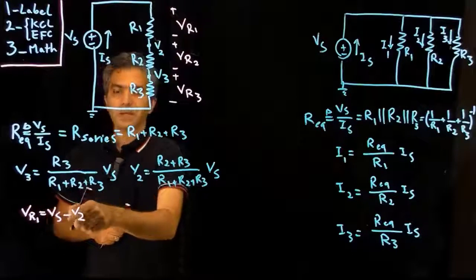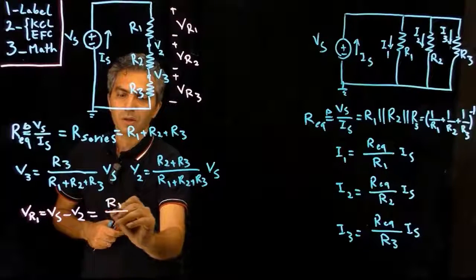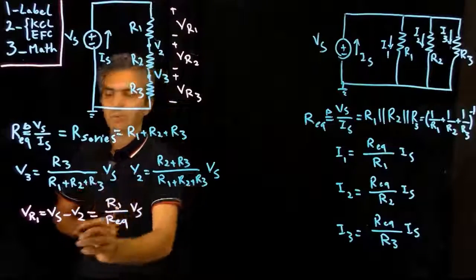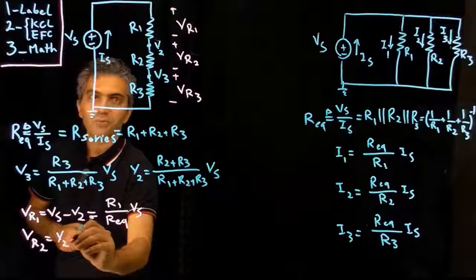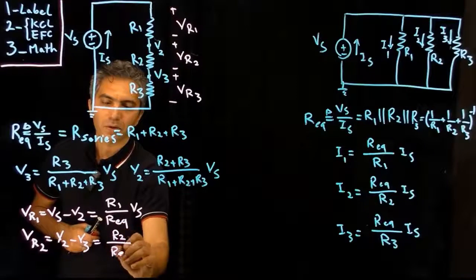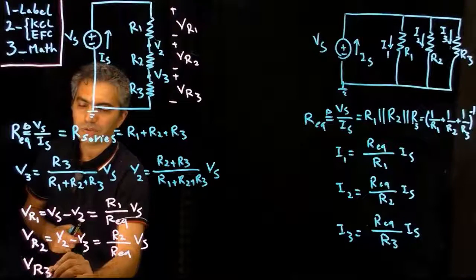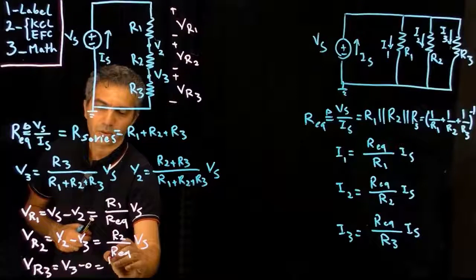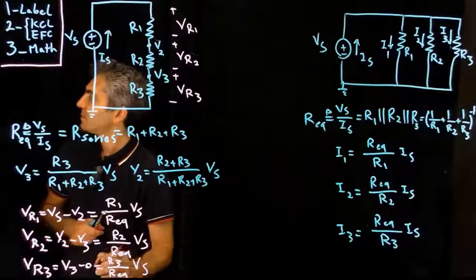And if you do that calculation, you figure out that it's equal to R1 over R equivalent Vs. And you can repeat the same thing and say VR2 is equal to V2 minus V3. It's equal to R2 over R equivalent Vs. And finally VR3 is V3 minus 0, and that's equal to R3 divided by R equivalent Vs.